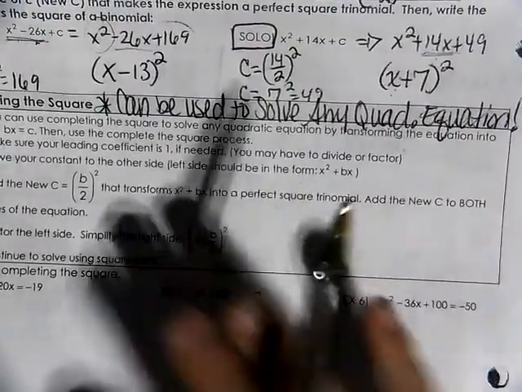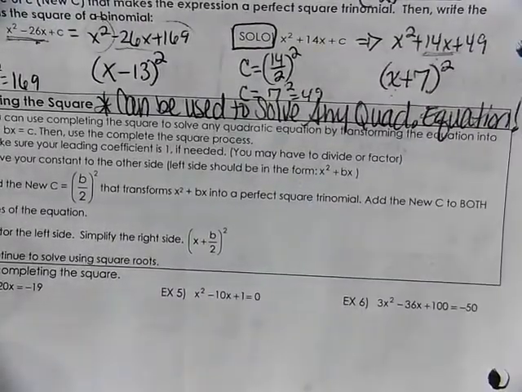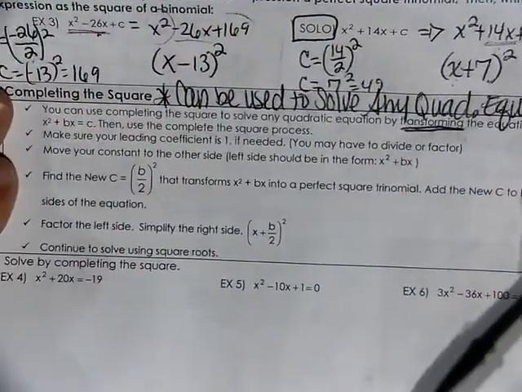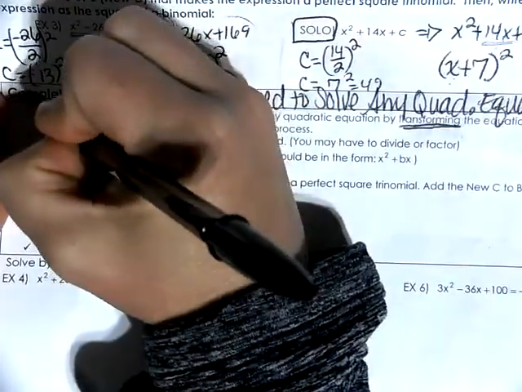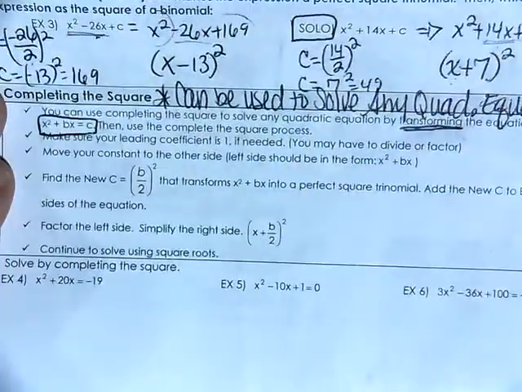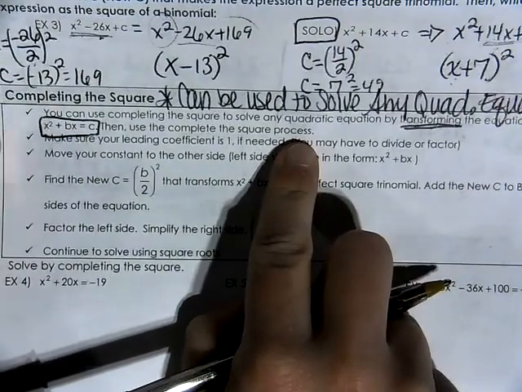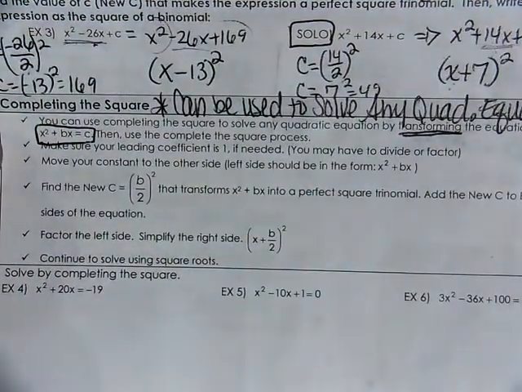Now, you can use completing the square to solve any quadratic equation by transforming the equation into x squared plus bx equals c. And then you would use the complete the square process, meaning you would find a new c.